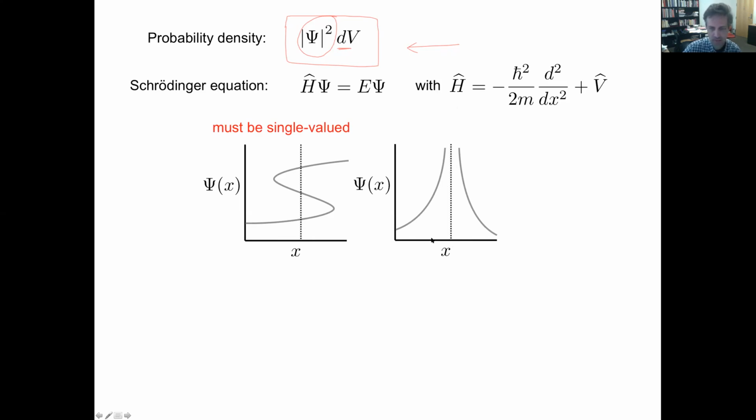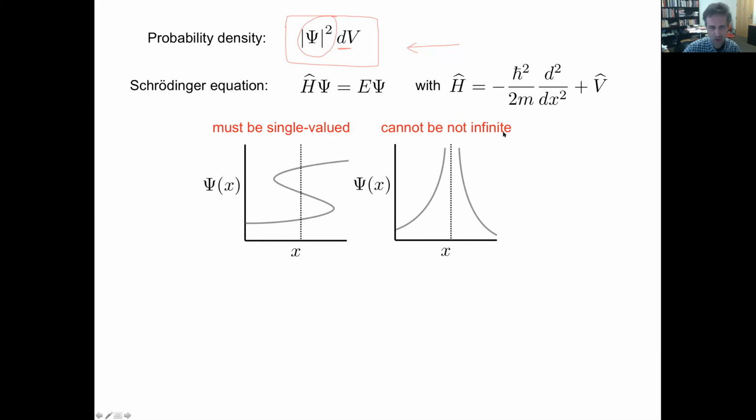You cannot have a probability that approaches infinity. That's unphysical. The probability must be a finite value, because if you find a particle somewhere, that's a finite value. There's no infinite chance of finding the particle somewhere. So we must therefore demand that the wave function cannot be infinite.